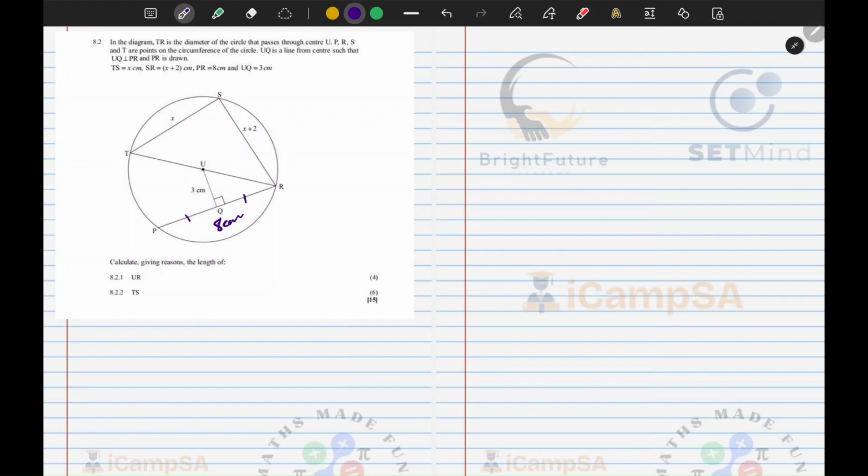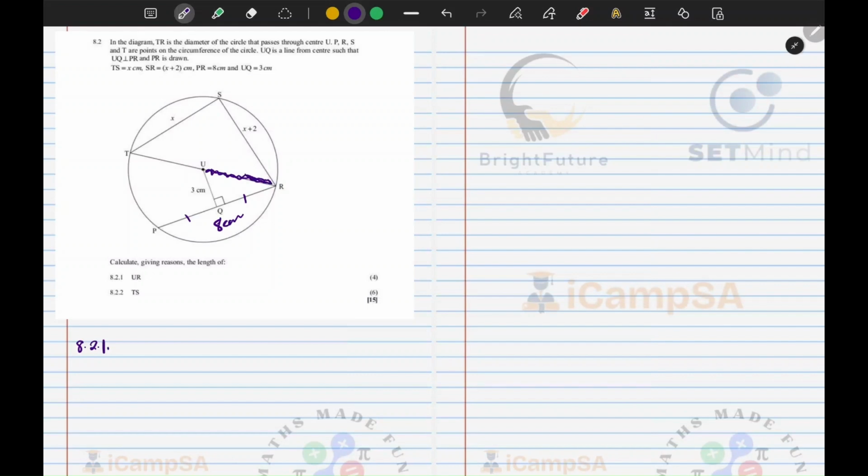And we are also told that UQ is equal to 3 centimeter. So they are saying calculate, giving reasons, the length of UR, right? So 8.2.1. Calculate, giving reasons, the length of UR. This is the side that they want.